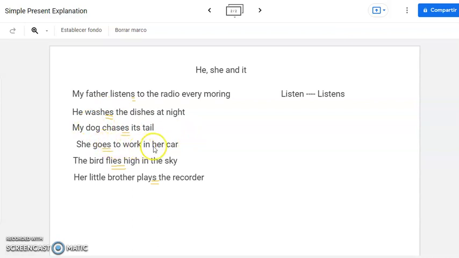She goes to work in her car. The bird flies high in the sky. Fly ends in y, so we have to add ies when we want to use the conjugation of the simple present. And finally, her little brother plays the recorder.